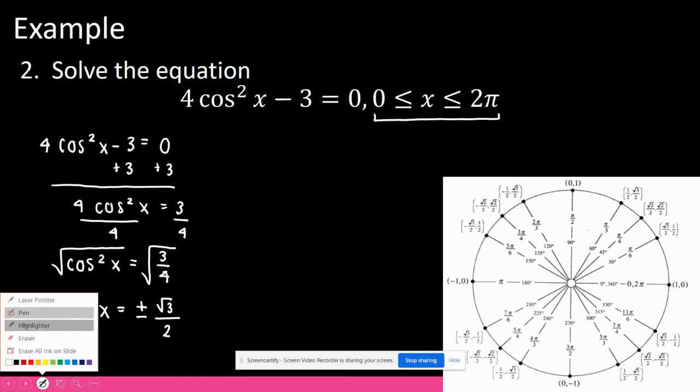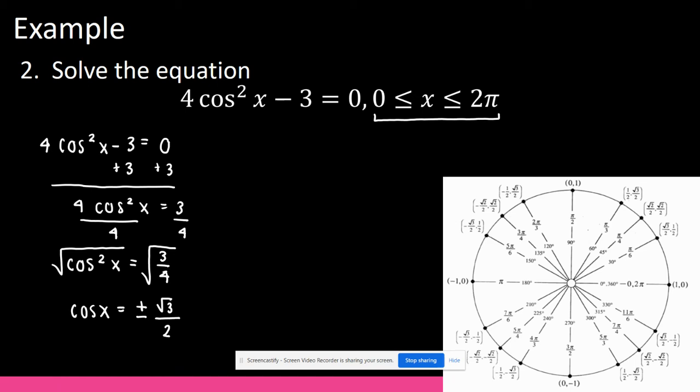So cosine is going to be first in our ordered pair. It can be both positive as well as negative. So that means that there are going to be 4 spots on my unit circle where I'm going to have the cosine as either positive or negative square root of 3 over 2. So that means we're going to have 4 values.